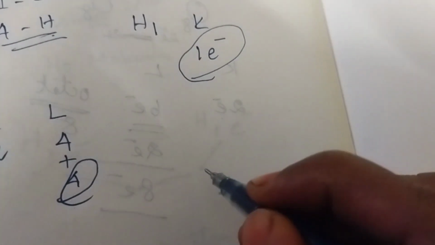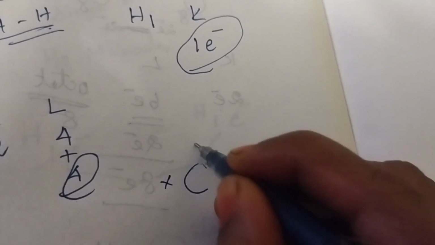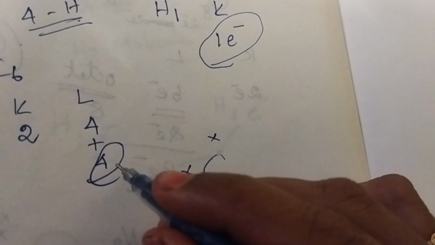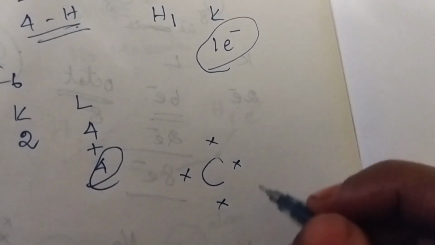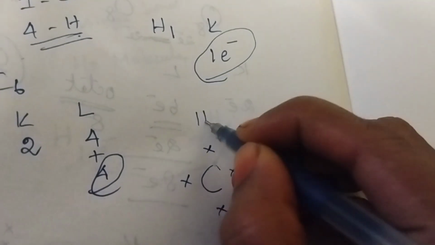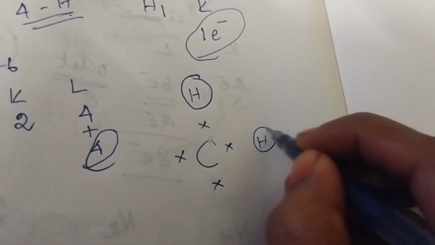Okay. Carbon contains 4 electrons in the last shell. We are going to share 4 electrons to get its octet, plus hydrogen also. How many hydrogen? 4 hydrogen we are going to take here.